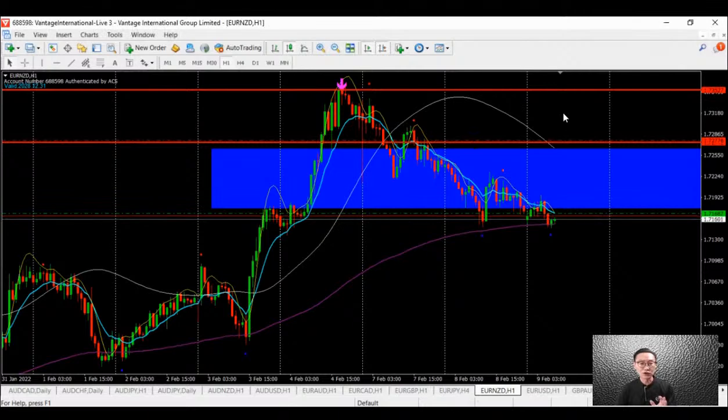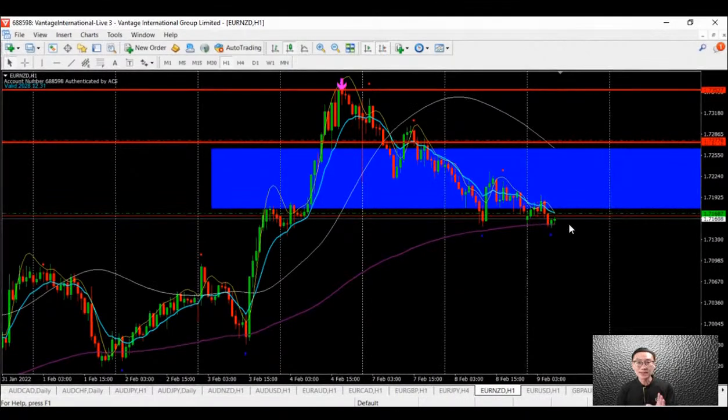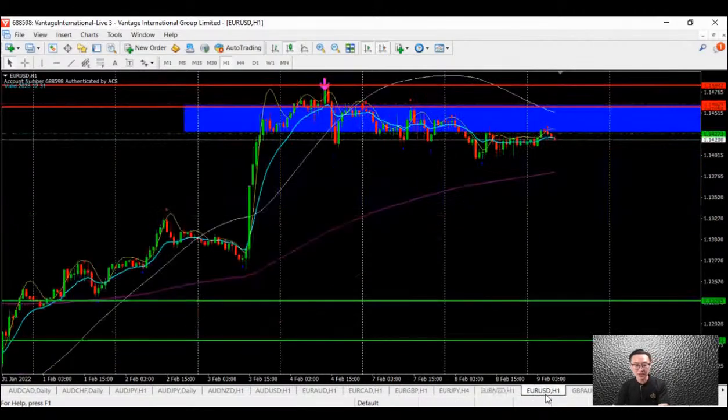So let's wait for a new resistance to form. Usually when it comes down, don't sell straight away. Let it form a new resistance. When the resistance comes again, it shows that it has no more strength for the buying, and it will continue the selling. Then we sell from the resistance area. So Euro Kiwi, we can take note.